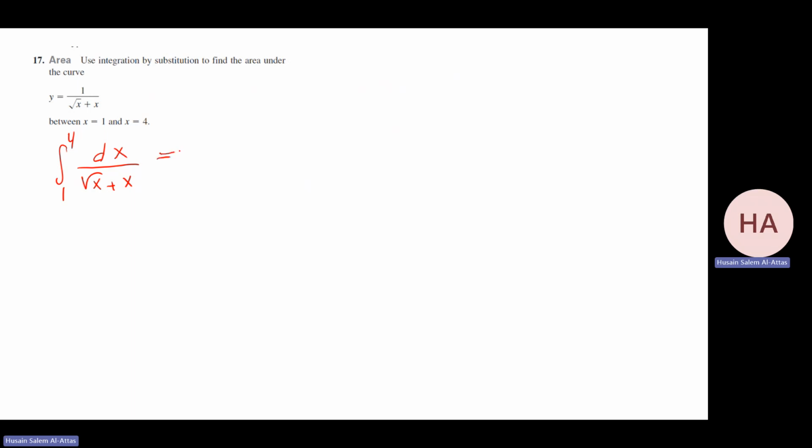Let me try to do it this way. From 1 to 4, let me take a square root of x as a common factor. I have 1 plus x to the power 3 over 2. Would that help?